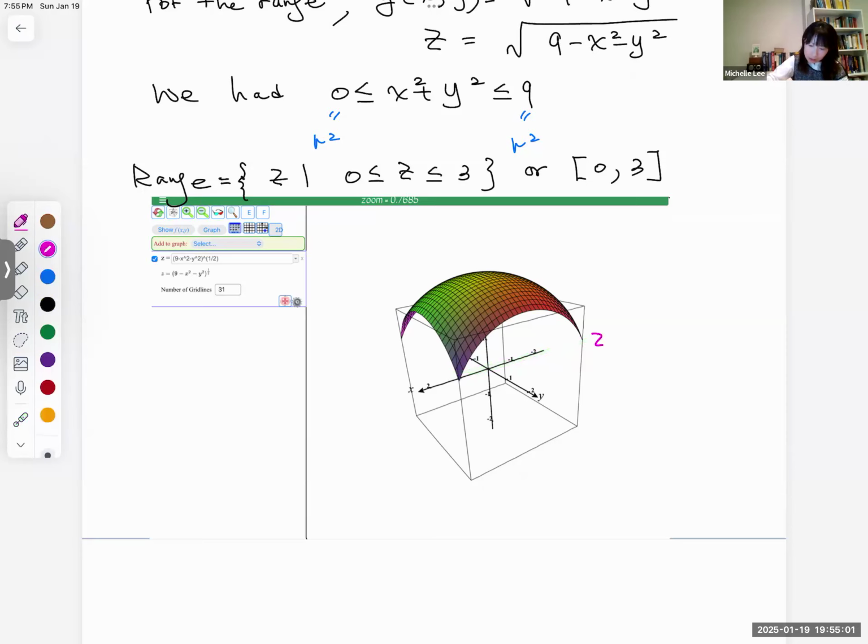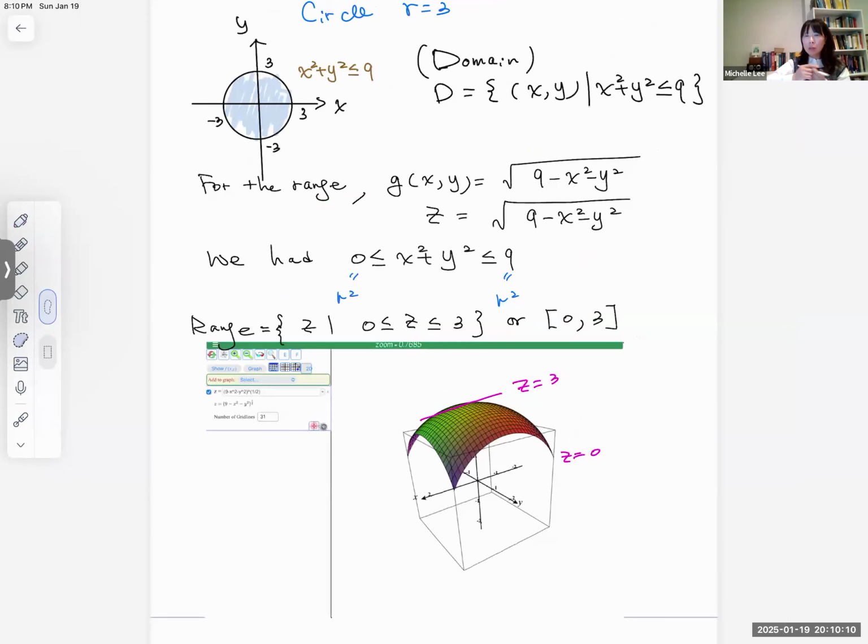So z goes from 0 to 2, and then we can see this is z equal to positive 3. Only the upper part. So we call this the upper hemisphere.